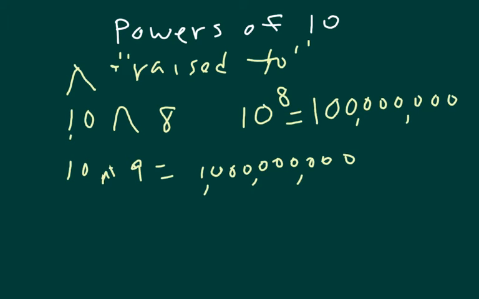So that pattern you can see: when you have 10 to the 18th power, it would be a 1 with 18 zeros behind it. So it's a pretty predictable pattern. So powers of 10 can be very helpful in doing some calculations.